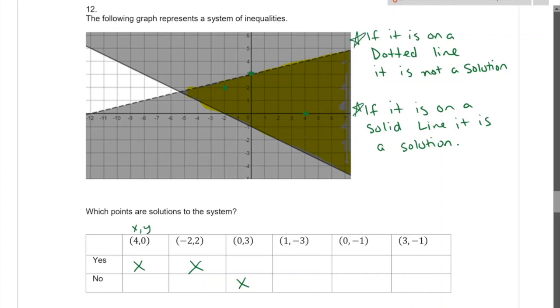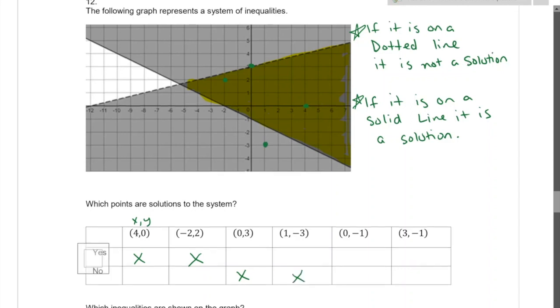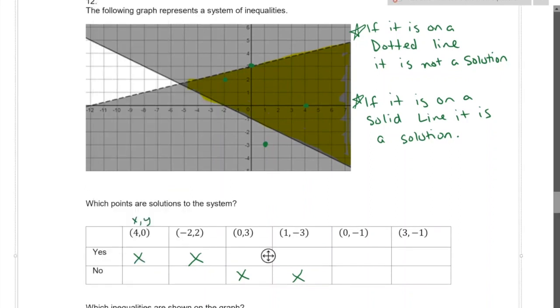All right, next one. 1 and negative 3. So 1 on the x-axis and negative 3. That is not in the yellow, so this is a no as well. 0 and negative 1.